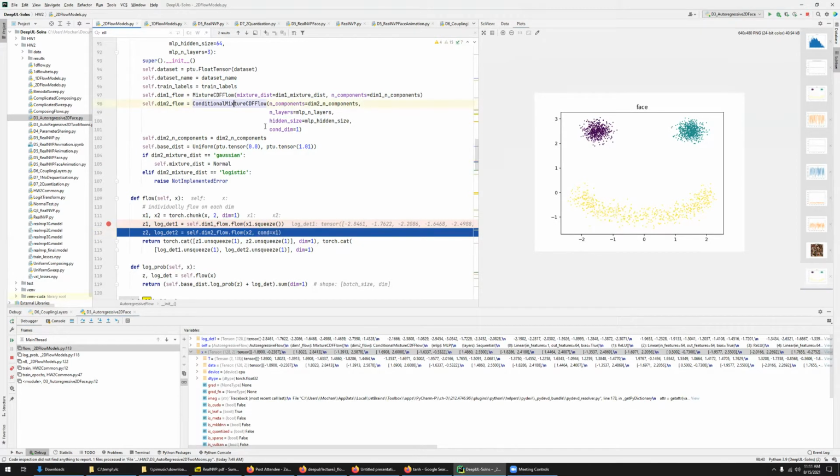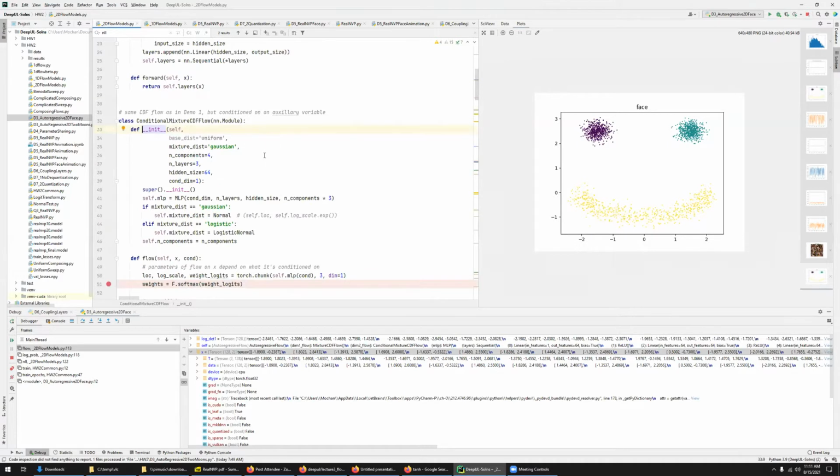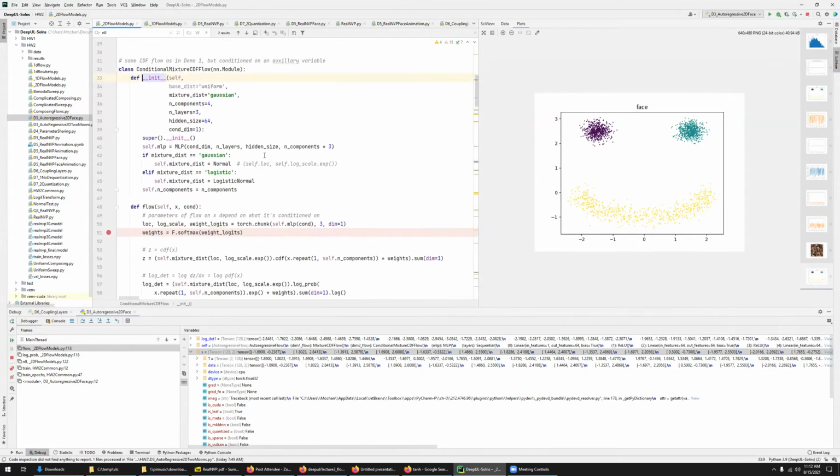And if you look at the conditional one, everything is exactly the same, except that the trainable parameters are now an MLP. So you specify the number of layers and the hidden size, which I think is 2 and 64 or 3 and 64. But the output is mean, standard deviation, and weights times 3.